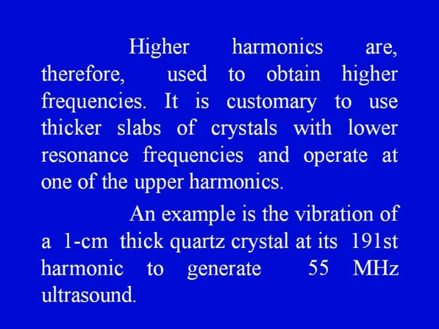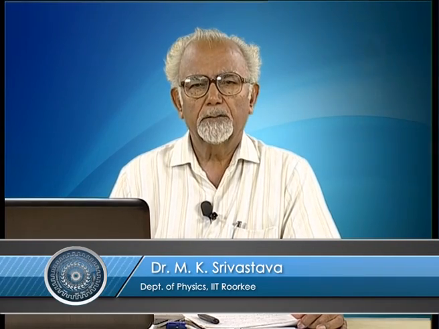The method therefore is that higher harmonics are used. This is the method which is used to obtain higher frequencies. We are not working on the fundamental, but basically on higher harmonics. It is customary to use thicker slabs of crystals with a lower resonance frequency.